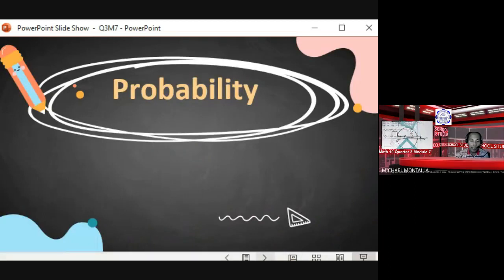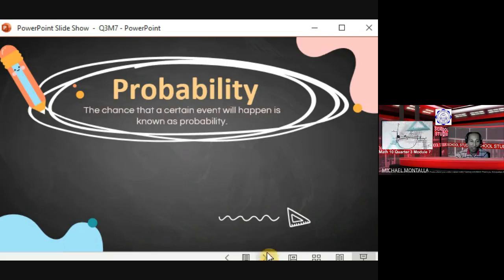Okay. Now let's take up this one. Our topic for today is about probability. From your grade 8 mathematics, you have already taken up a part of probability lessons, and we are referring to the chance that a certain event will occur or will happen.